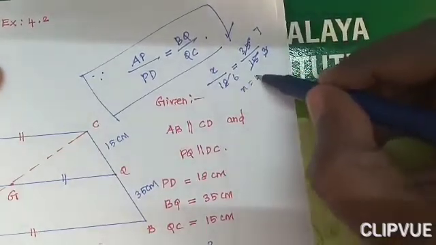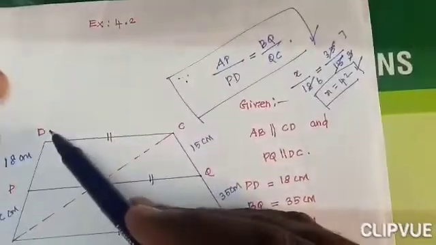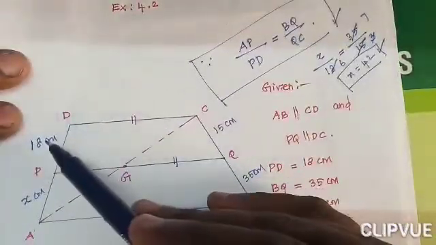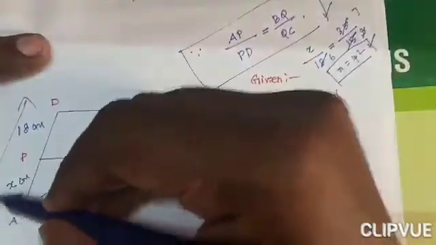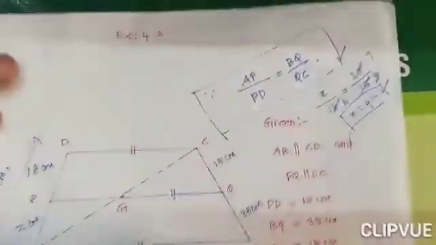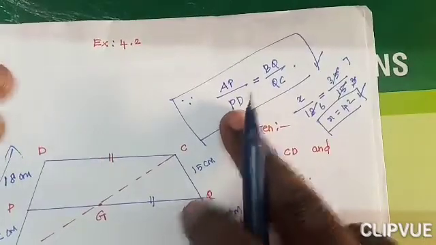So X is equal to 42, right? So AD means the sum of AP and PD. So 42 plus 18 is equal to 60. So the total length is 60 centimeter. Okay, so it is a constant result. So try to keep it in your mind.